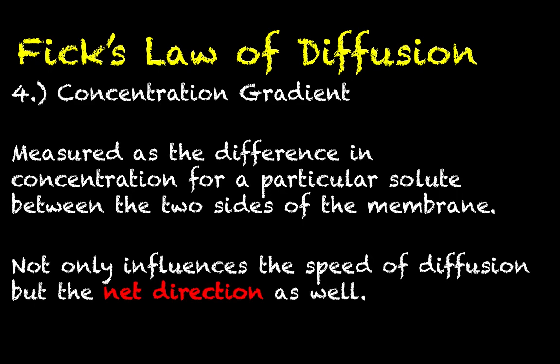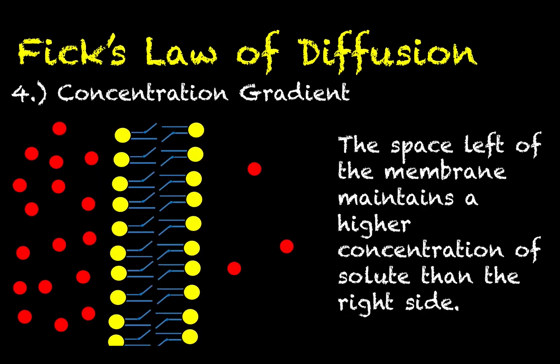This is not only going to influence the rate or speed of the diffusion process, but it's also going to dictate the net direction in which these molecules are going to move. If you look at this illustration here, you can clearly see that the red solute molecules here are much more highly concentrated on the left side of the membrane than the right. So we have a high concentration of the solute on the left and a low concentration on the right.